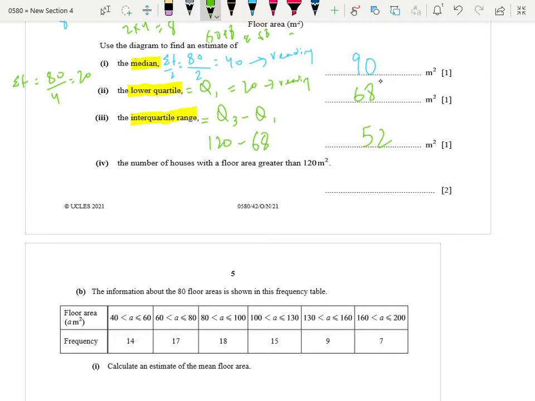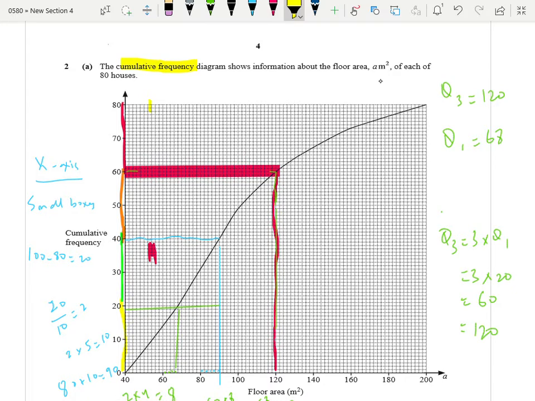Number of houses with a floor area greater than 120 meters square. So this you have to check with your cumulative graph, and area they're talking about. So floor area is taken on the x-axis because that is the data point. So you have to see at 120, and how much data point do you see above 120, right?